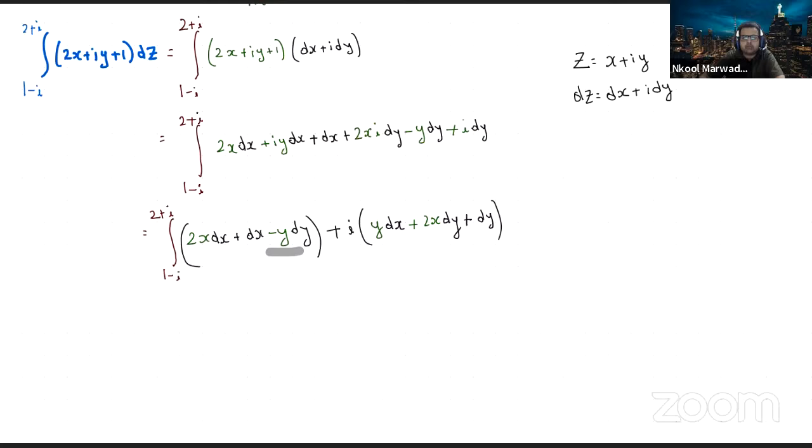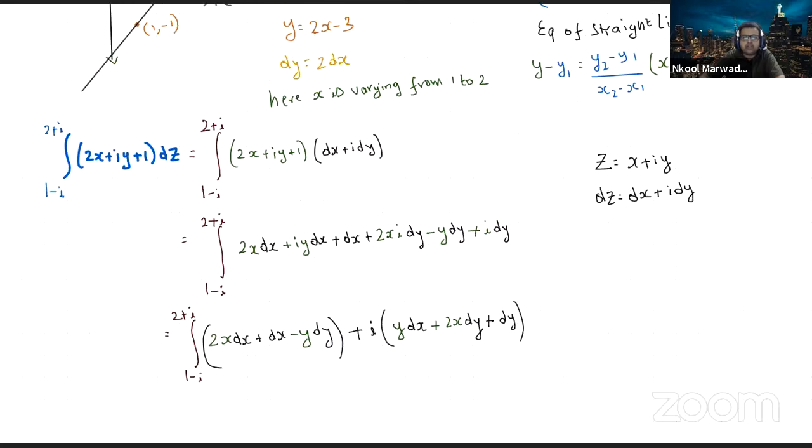Now instead of dy, I can write 2 dx. Wherever dy is there, I can write 2 dx. So the integral, we will convert it only into the dx form. We will get rid of the dy. Since we are analyzing dx, we have to consider the variation of x, and x varies from 1 to 2.